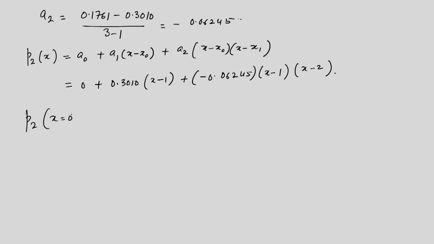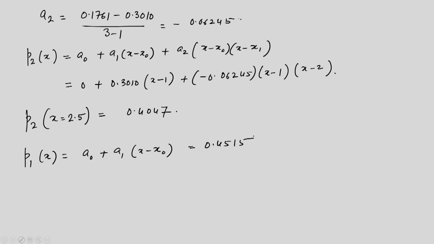and then put x equal to 2.5, which is where you need the value of the logarithm, then you get a value which is 0.4047. You can check what the exact value is. If you use a linear polynomial, that is, had you stopped at a 0 plus a 1 x minus x 0, then you would have gotten a value of 0.4515 for x equal to 2.5.